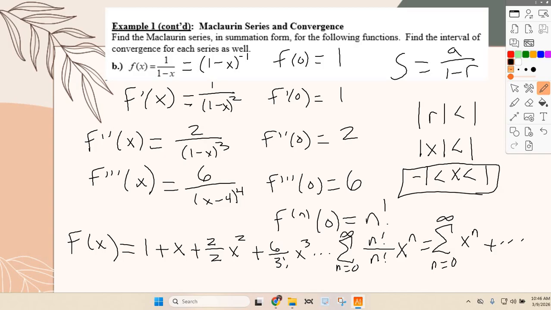So f of x is a geometric sum, which means that in summation notation, this is a geometric series that equals f of x, because f of x is the sum of all of your series. Which is why it does have to be infinite, because if I were to cut that off at any point, it would not equal f of x. It would just be an approximation for it. The other question?